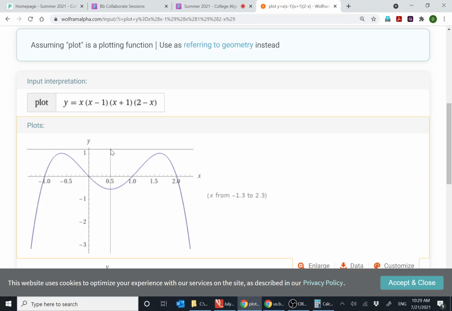And this one seems to be nice and symmetric around this center line here. And those two seem to be at the same y value. Not that we had any reason to believe that. So actually, what our intuition was telling us is pretty much what it is, except for the minimum value. That minimum value doesn't go down as much as the maximum value does. So these local maximums between negative 1 and 0, and between 1 and 2, are higher than this minimum is lower.